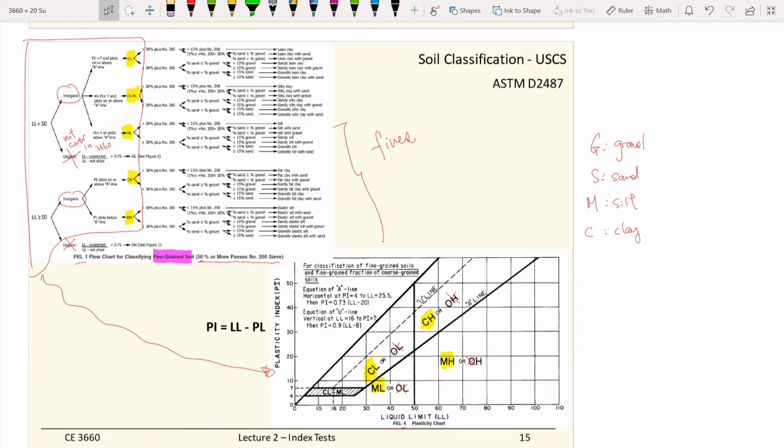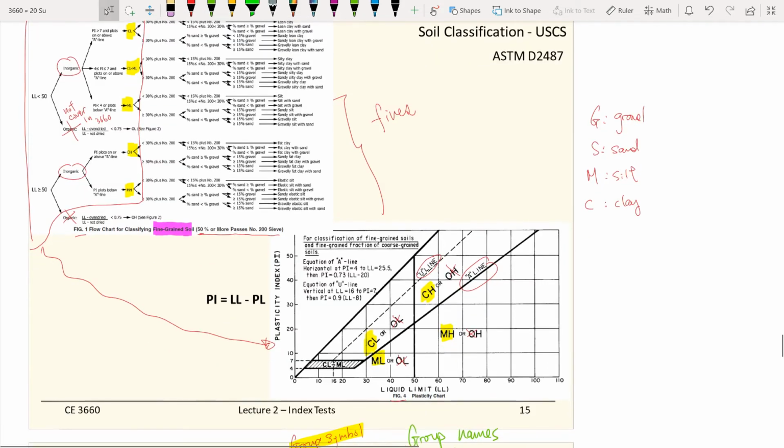If you walk through from left to right, you figure out whether your liquid limit is less than or greater than 50, and whether your PI is greater than 7, which tells you whether you're above the A-line or below the U-line, and so on. That is the graphical representation here.